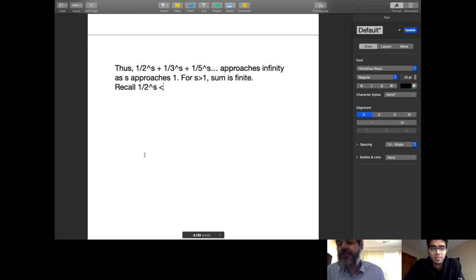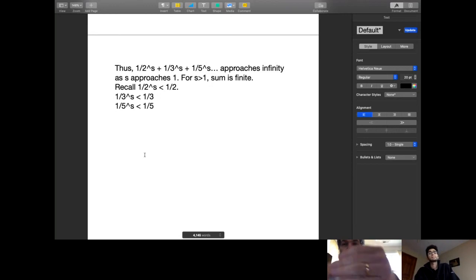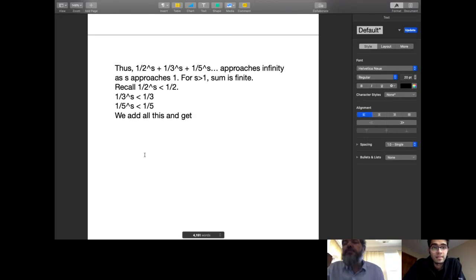The same with 3: 1 over 3 to the s is less than 1 over 3. 1 over 5 to the s is less than 1 over 5, and so on. So now we add all these inequalities, not only these three, but for all the primes.